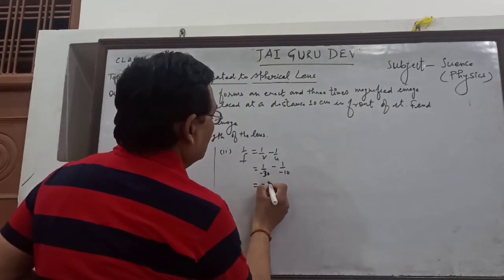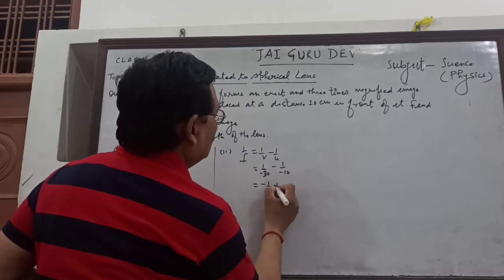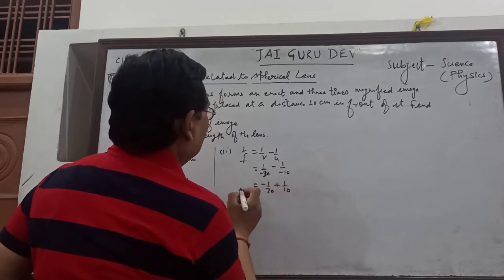So we simplify, minus 1 upon 30 plus 1 upon 10.